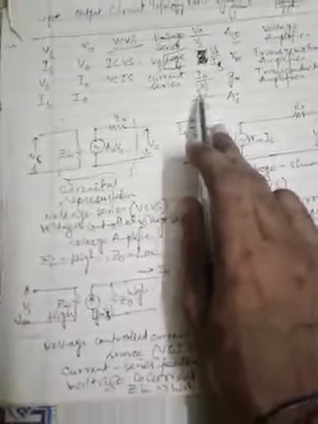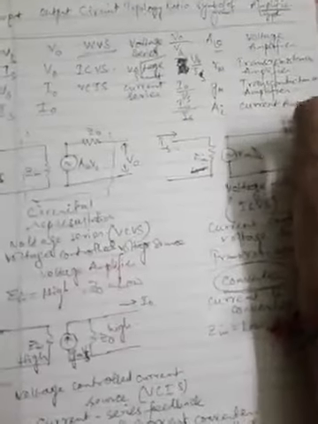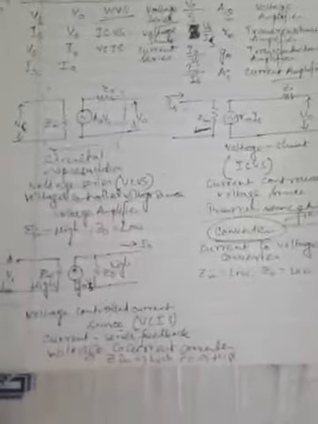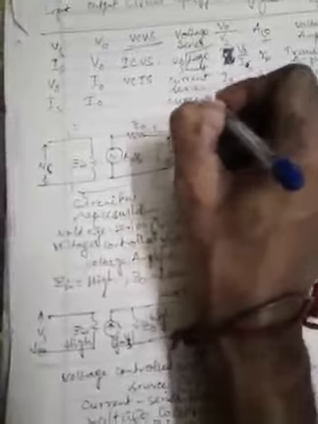Since current is given as input and current is taken as output, it is current amplification. So this type of amplifier is called a current amplifier. And for this topology, where current is given as the input and current is taken as the amplified output, the topology is called current shunt topology.